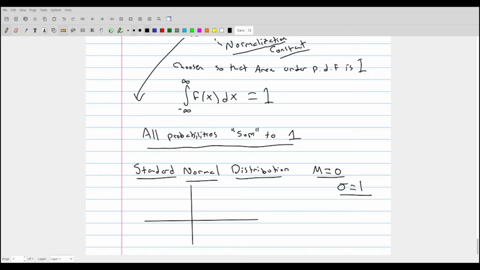So it's a bell curve that's centered at 0 and has a standard deviation of 1. It still has that bell shape though.